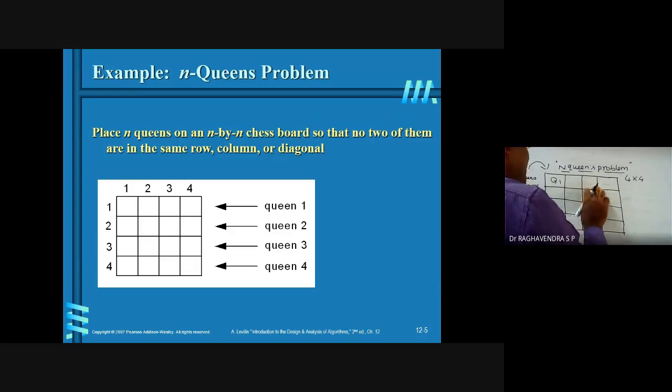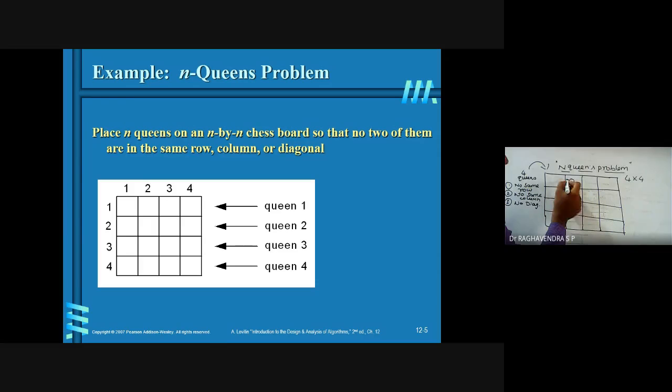So I have to change my strategy, I have to backtrack. Then I will try to insert Q1 here, in the first row, second column position. Next, I have to insert Q2, that is queen 2. Here it is not possible because there is a diagonal clash. Can I insert here? Certainly not possible because of a column wise clash.